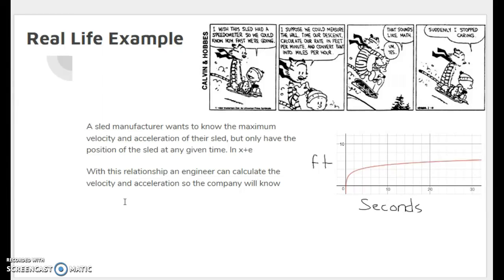So these two examples are very useful in various fields, from entrepreneurship to engineering, and can be very helpful to companies and different careers.